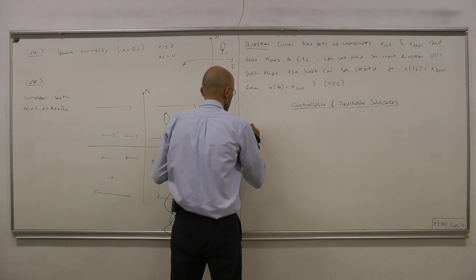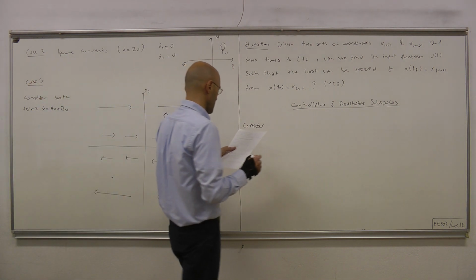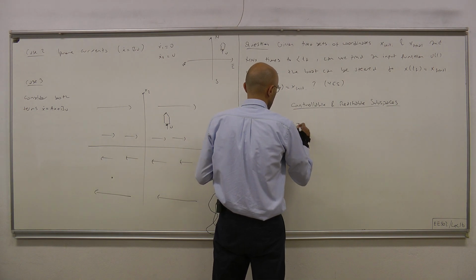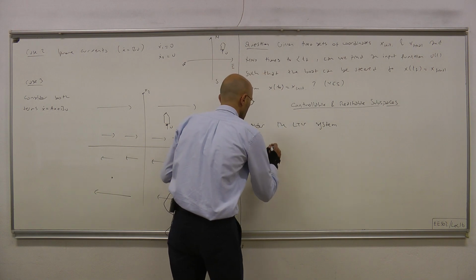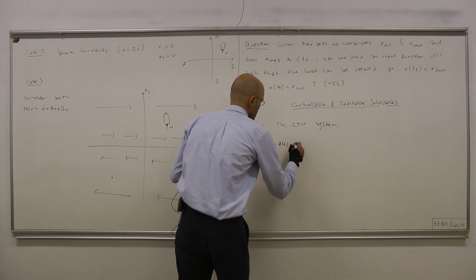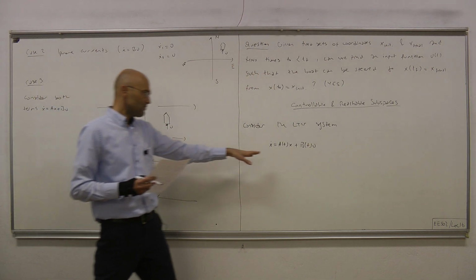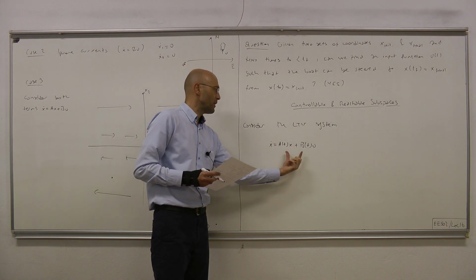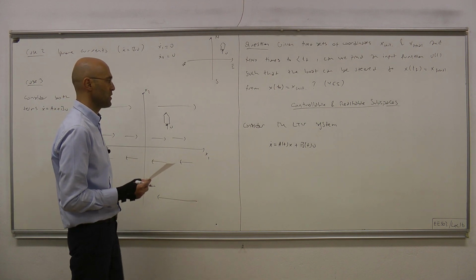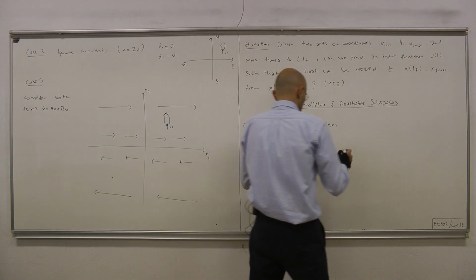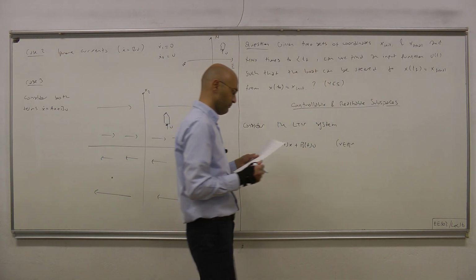Again, we're going to consider the general case, namely the LTV case, the linear time varying system x dot equals A(t)x plus B(t)u. Once again, controllability has nothing to do with the output part, so it's enough that we consider this part only: x dot equals Ax plus Bu. Here x is in R^n, so we're talking about an nth order system.